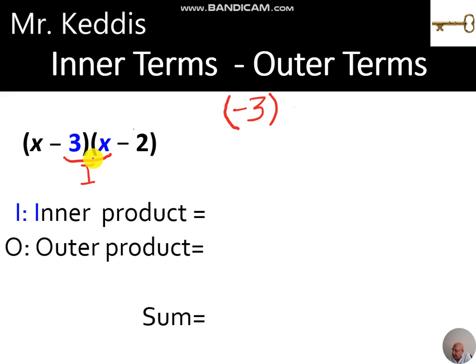There is nothing in front of x, it means the sign is positive and the coefficient is 1. I can write it like this, times positive 1x. I multiply the sign. When I have different signs in multiplication, the sign becomes negative. And 3 times 1 is 3. And I write the value, negative 3x.